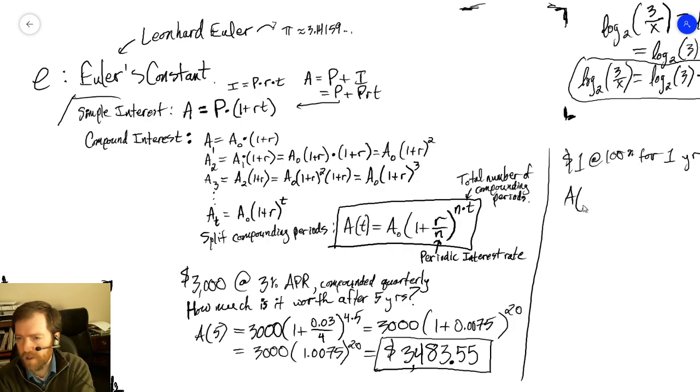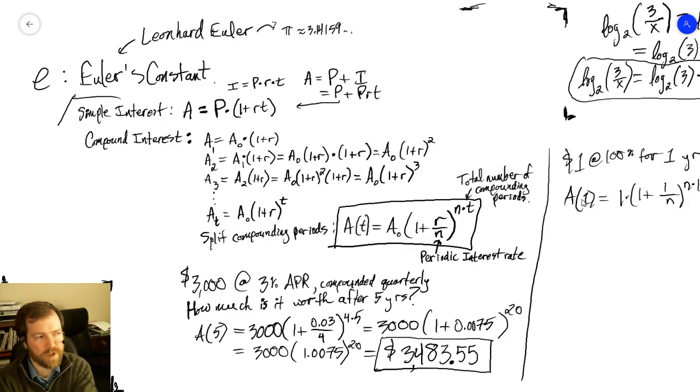So he said, okay, A of 1 is going to be equal to $1 times 1 plus 100% interest, 1.00 divided by n, raised to the n times t, which is 1.